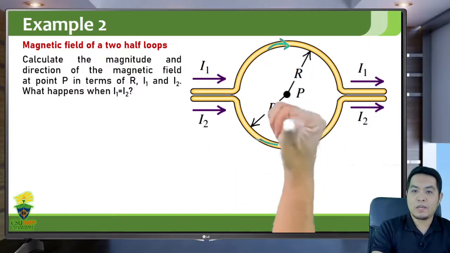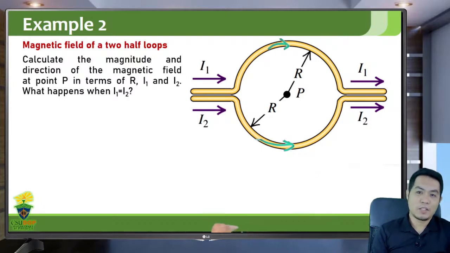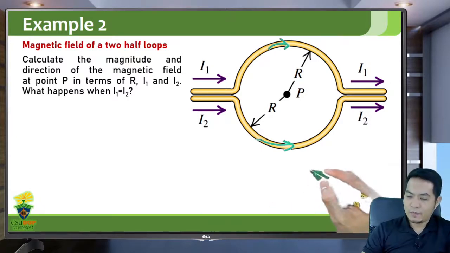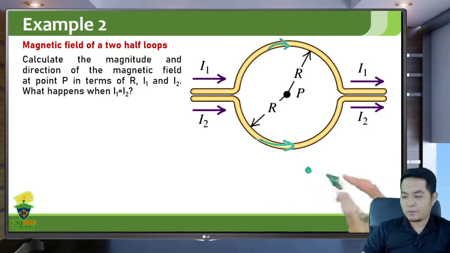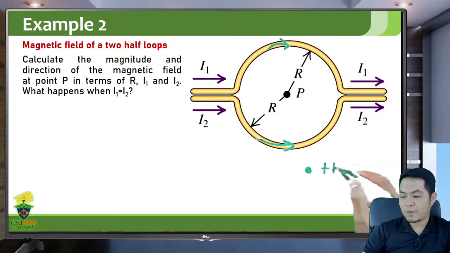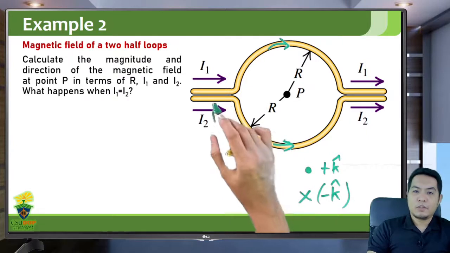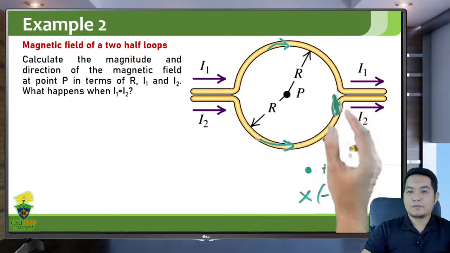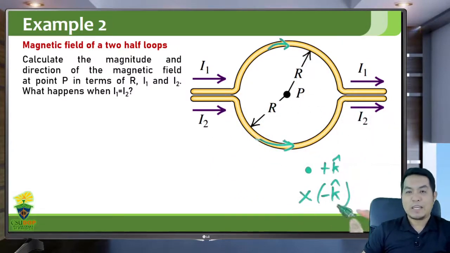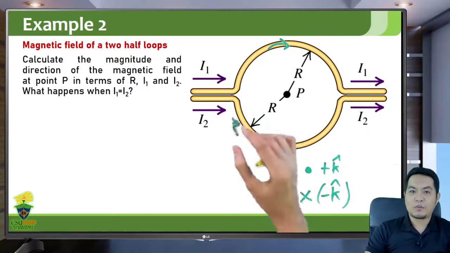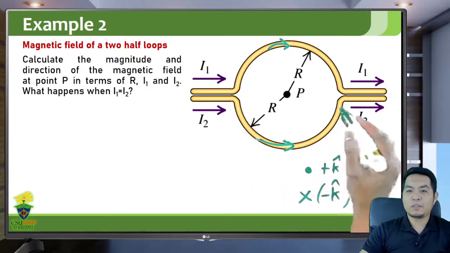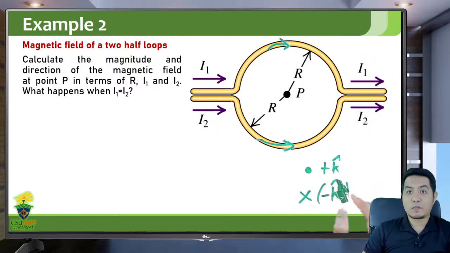So say we define the magnetic field direction to be positive k hat if it's out of the page, and negative k hat if it's into the page. Then due to wire number 1, the upper loop, the direction will be negative k hat, and due to loop number 2, the direction of the magnetic field at point P will be positive k hat.